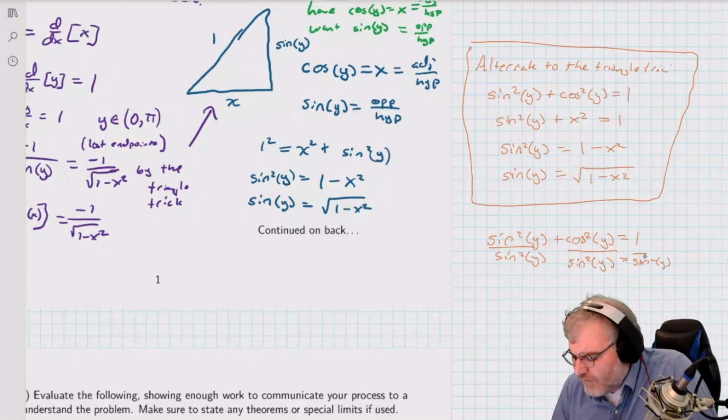So I divide everything by sine squared, and I wind up with 1 plus cosine squared over sine squared, which is cotangent squared, equals 1 over sine squared, which is cosecant squared.